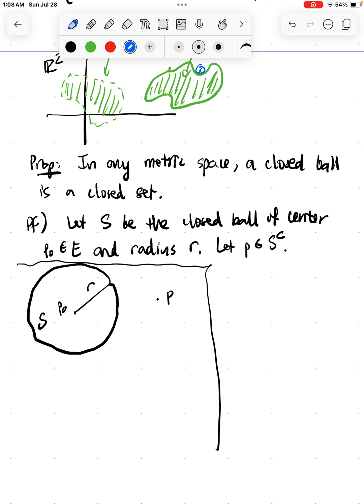Well, it's going to involve the distance between P naught and P, and it's also going to involve R. So here's the distance between P naught and P, and here is R. So what do you think we should do?